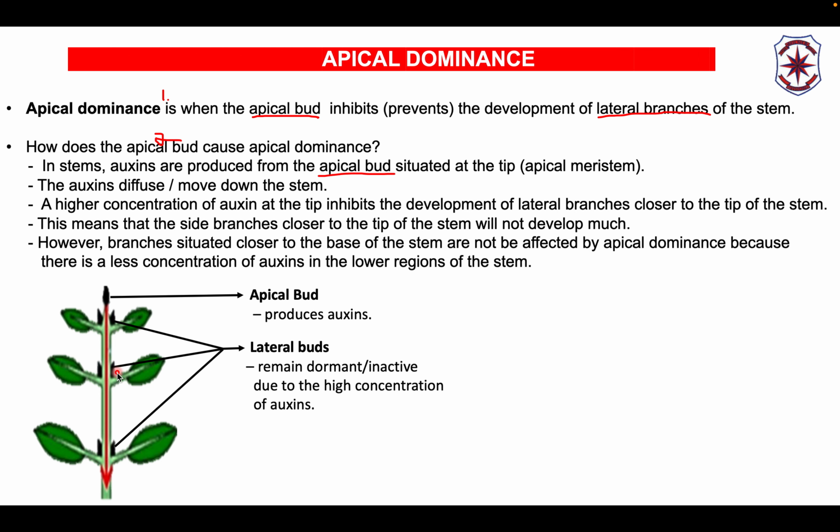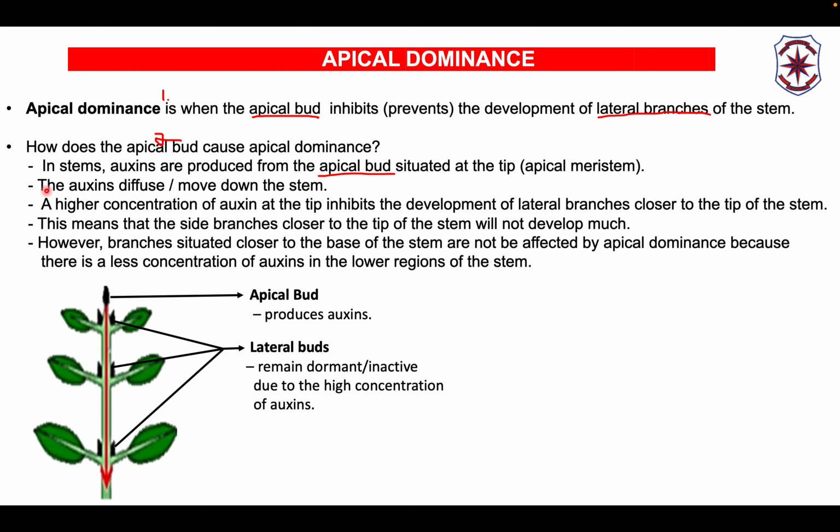Okay, so let's go back to our steps in describing apical dominance. First, in stems, auxins are produced at the apical bud situated at the tip of the stem. This is called the apical meristem. So auxins will be produced from there.